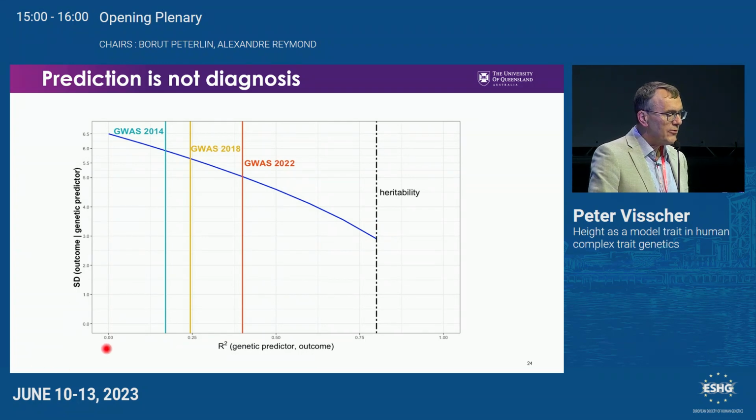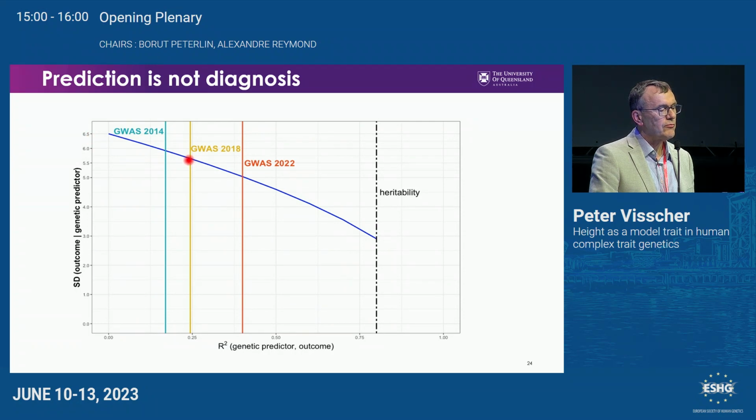So if you don't know anything, so your genetic predictor doesn't explain anything, you can make a prediction about somebody's height, and that would be the population mean. And the standard deviation around that is just the population standard deviation, which is about 6.5 centimeters for height.